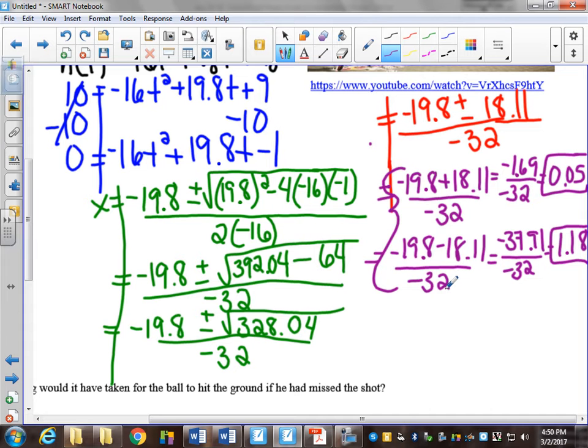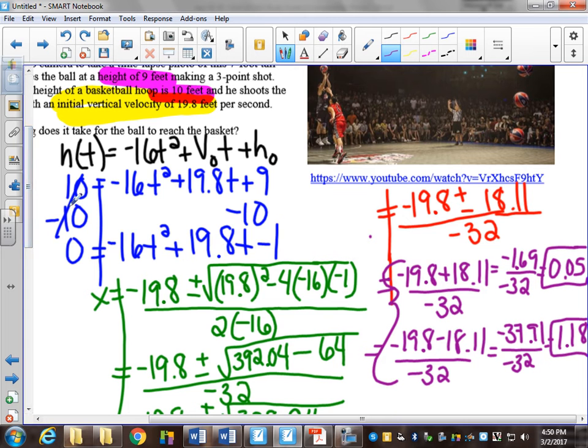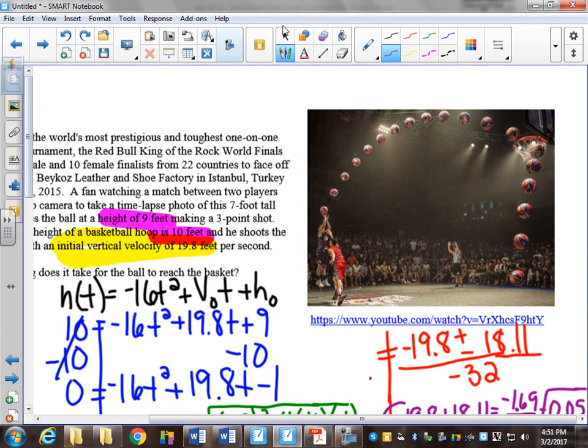And again, usually with velocity, we get 1 positive and 1 negative. So let's think about this. How long does it take for the ball to reach the basket? And we have 2 times. So here's our basket. And this is when the ball goes through the basket.